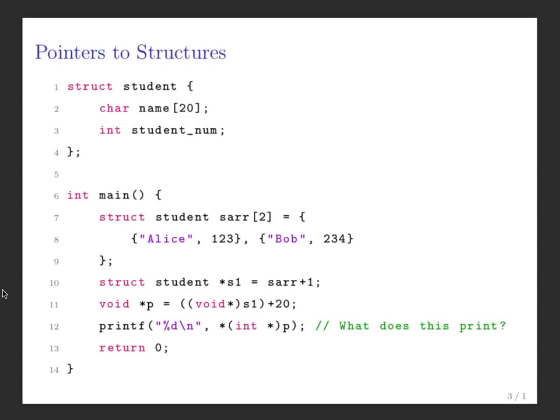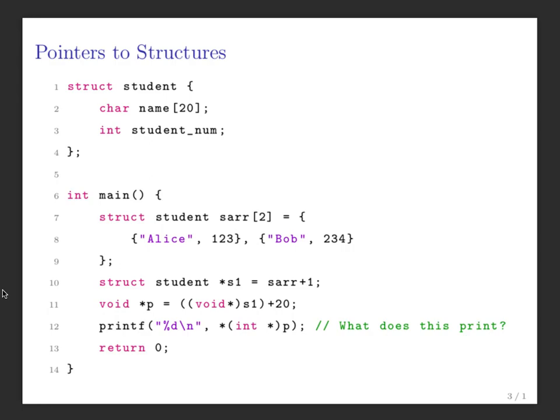Here's a good question. Suppose I create, well, I'm just using this student structure, and let's walk through the following code. I'm going to create an array of students on the stack. The first student is going to be named Alice with student number 1, 2, 3. The second student is named Bob with student number 2, 3, 4.